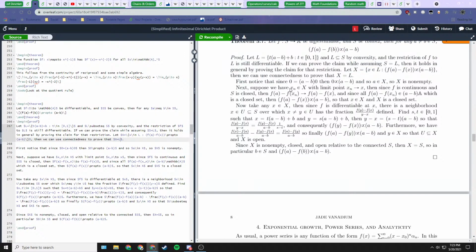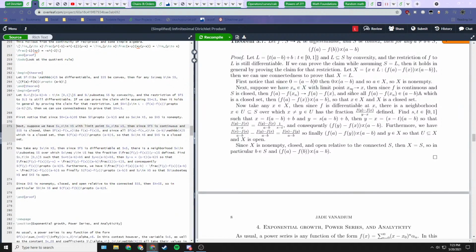Next we suppose we have a sequence in X with a limit point x_n goes to x in L. Since f is continuous and L is closed, this difference quotient f of A minus f of x_n also limits to f of A minus f of x by continuity of f.